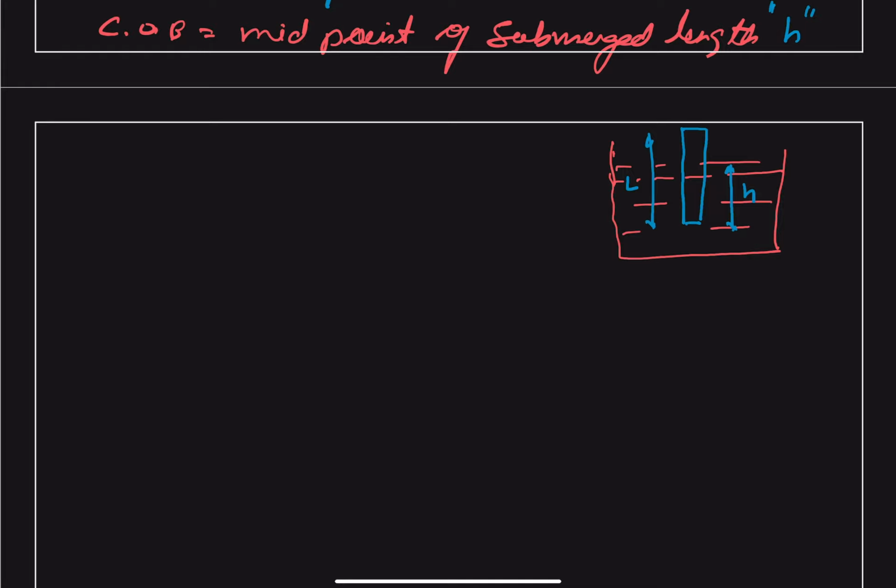Now we are going to find out the total weight of the system. Total weight of the system means the weight of the stick plus the mass which is attached somewhere here. So this is the mass attached, small m.